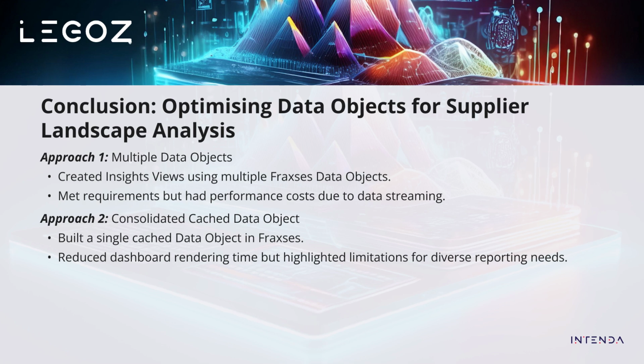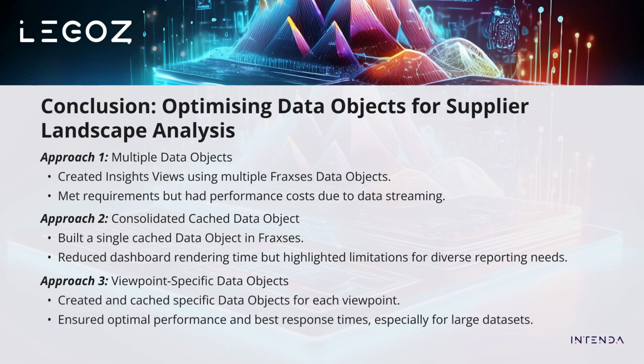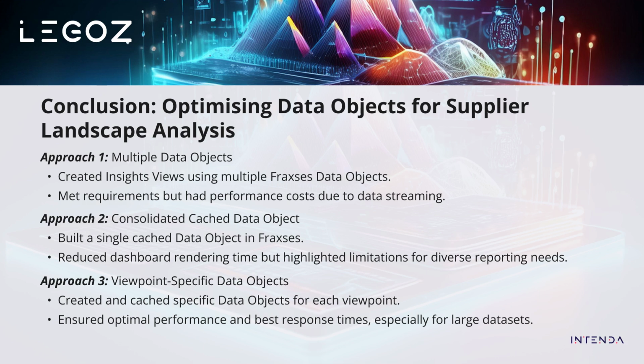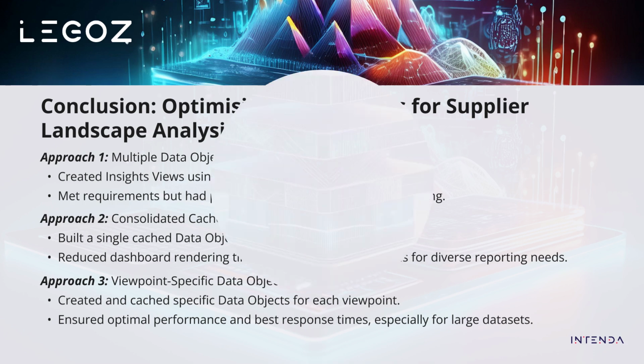This approach highlighted the limitations of using a single data object for all reporting needs. Finally, in approach 3, the recommended guidelines were applied by creating viewpoint-specific data objects. Caching these objects ensured optimal performance, especially for large datasets, resulting in the best response times of these 3 approaches.